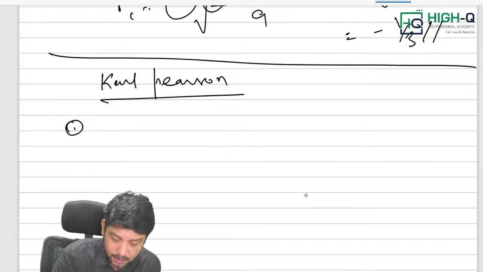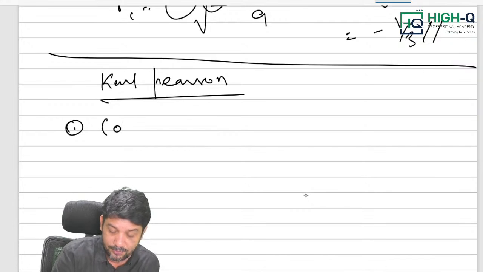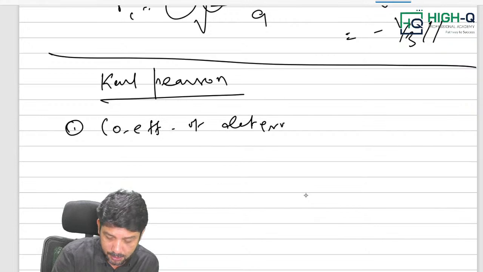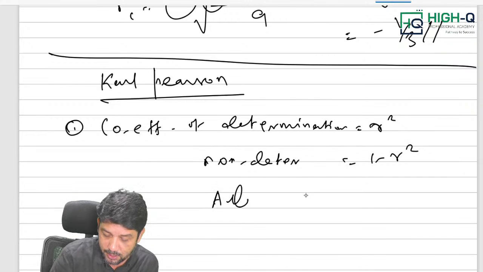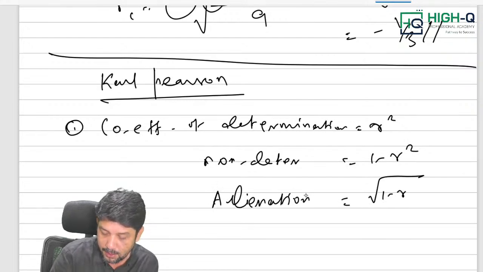What is the coefficient of determination? It is equal to R square. Coefficient of non-determination is equal to 1 minus R square. Coefficient of alienation is equal to root of 1 minus R square.